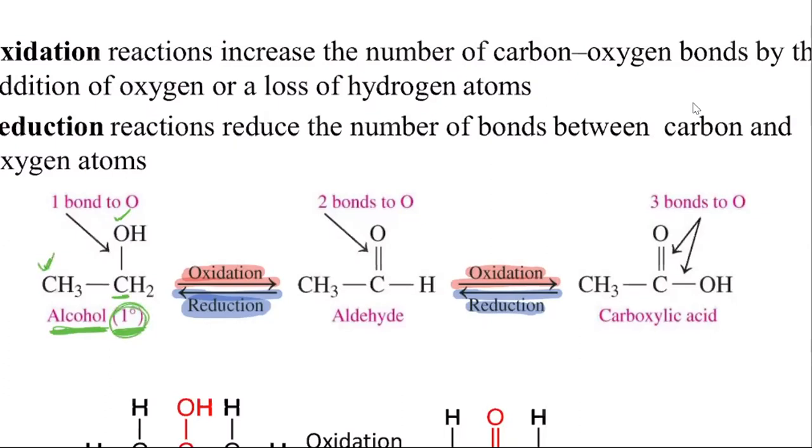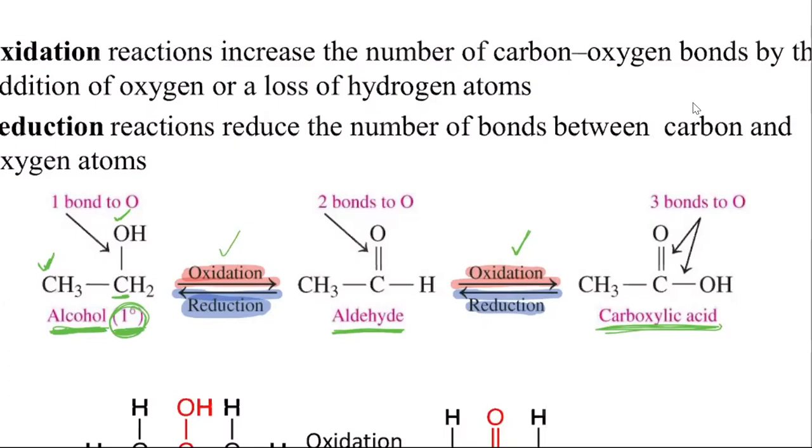So a primary alcohol, when it gets oxidized, is going to make an aldehyde. That aldehyde, in turn, can also undergo oxidation and make a carboxylic acid. So again, primary alcohol oxidizes to an aldehyde, aldehyde oxidizes to a carboxylic acid, okay?